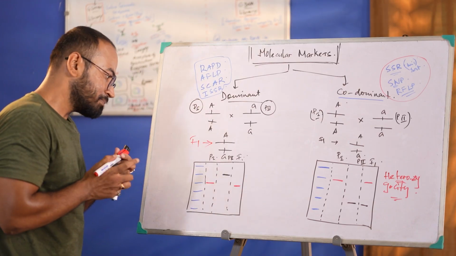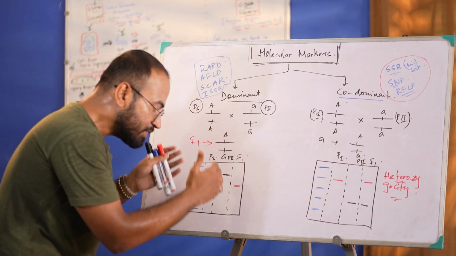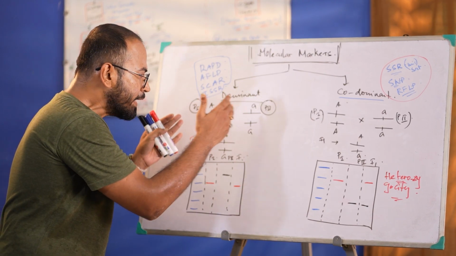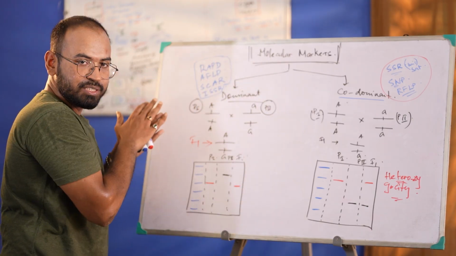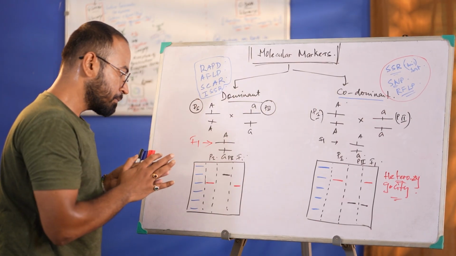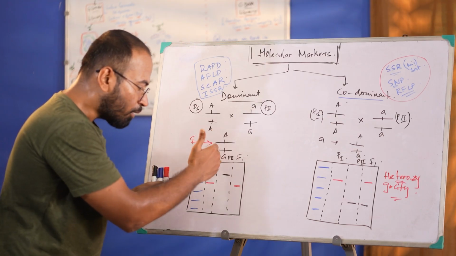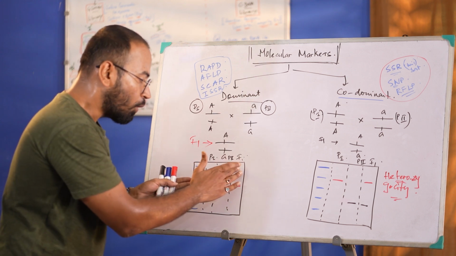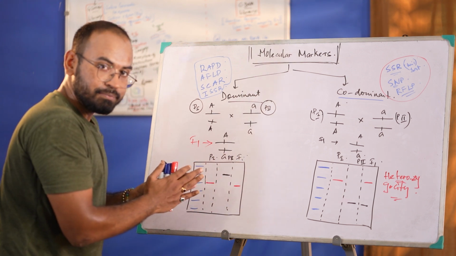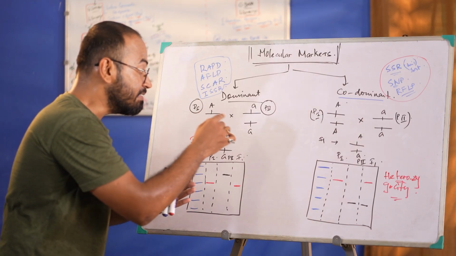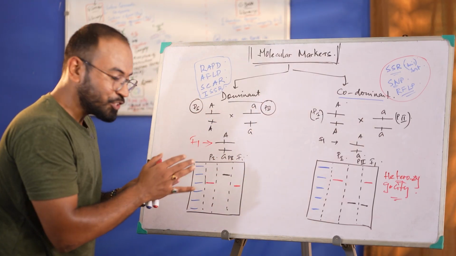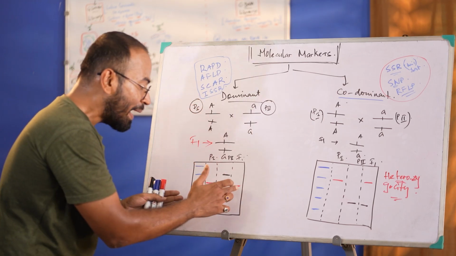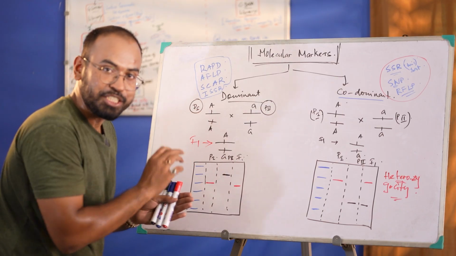Now, when it is observed under a gel, what are we visualizing? For the molecular markers specifically belonging to these groups, like RAPD or AFLP, whatever it may be, from P1 we are getting a band, from P2 we are also getting a band, but when it comes to F1, we are not observing the recessive entity within it. So therefore, only the dominant parent is showing the band within the first filial generation.